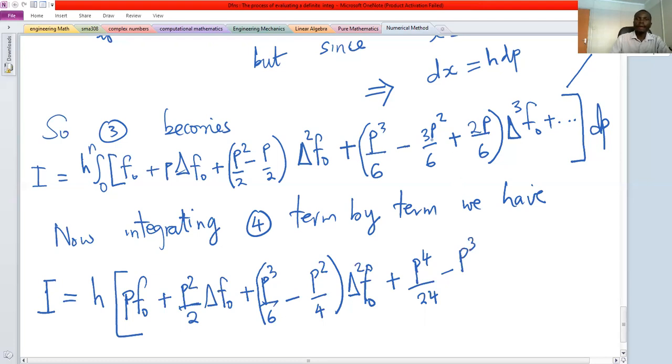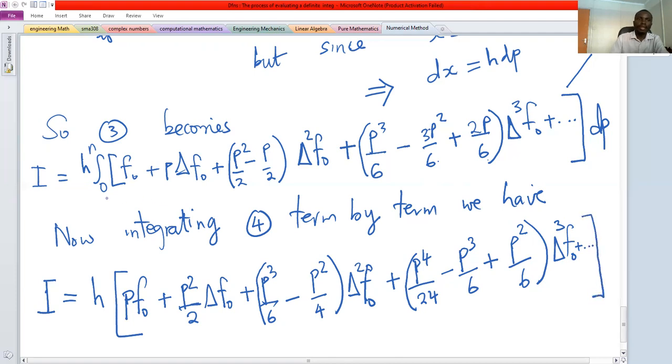Now here we have 1 then 2, so 6, and then this will be 1 over 3, so p squared, and then over 6, and then multiply by third forward of f naught plus other several terms.